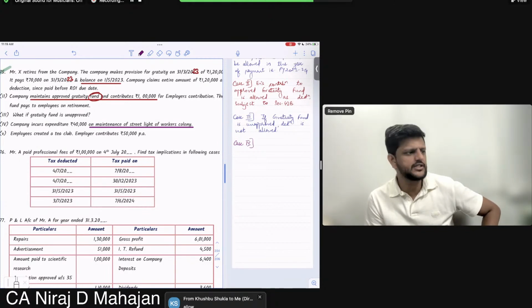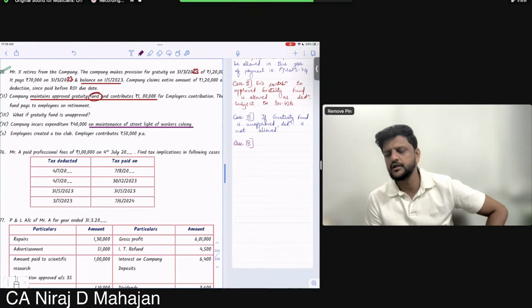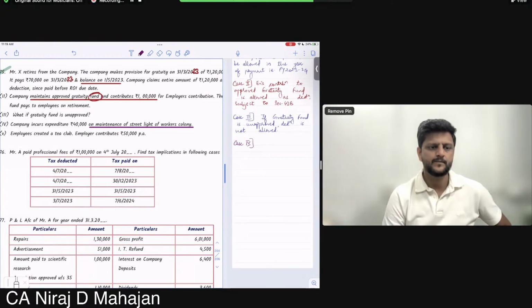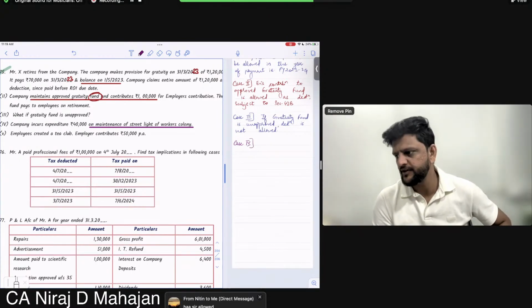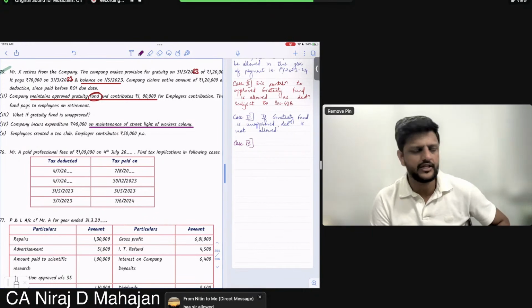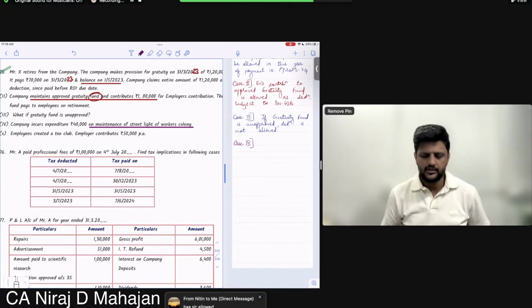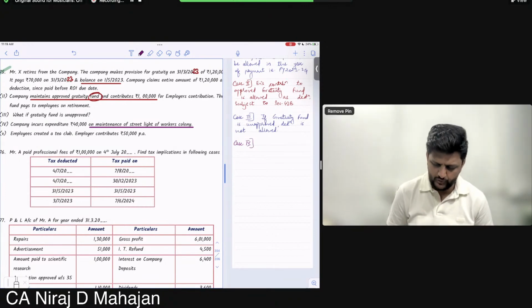In simple logic, children, if anywhere or wherever it is not given as disallowed, then it is allowed. If wherever you don't see it as disallowed, then we will allow. That is the logic. This is being told by section 37. All other business expenditure will be allowed, provided they should not be personal in nature, they should not be capital in nature, and there has to be business connection, wholly and exclusively for the purpose of business. So it will be allowed. So write down.